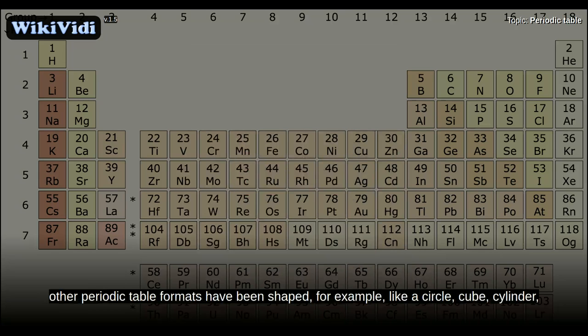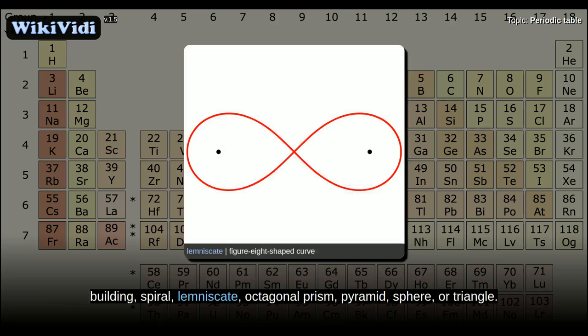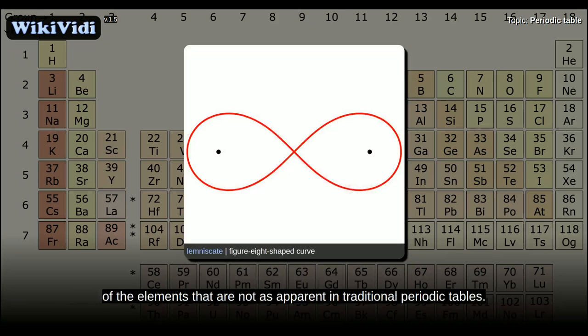Other periodic table formats have been shaped, for example, like a circle, cube, cylinder, building, spiral, lemniscate, octagonal prism, pyramid, sphere, or triangle. Such alternatives are often developed to highlight or emphasize chemical or physical properties of the elements that are not as apparent in traditional periodic tables.